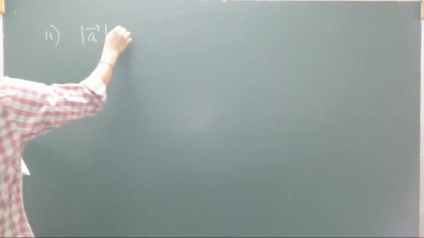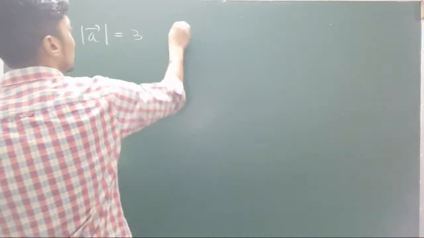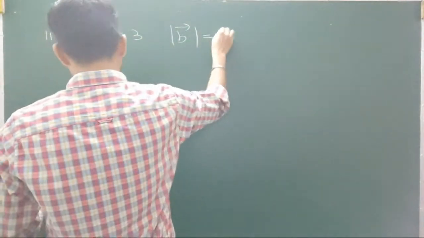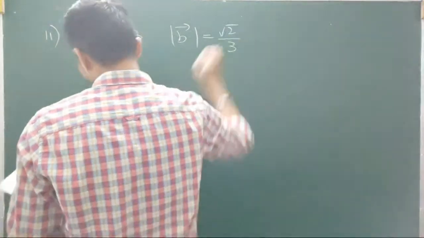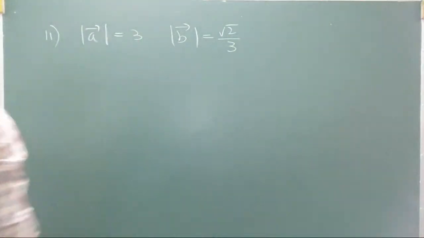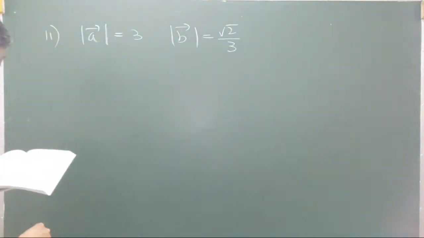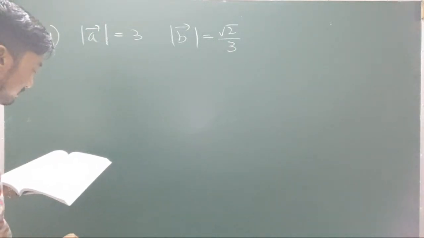Let the vectors A and B be such that the magnitude of the vector A is 3. Magnitude of the vector B is root 2 by 3. And it's given that A cross B is a unit vector.